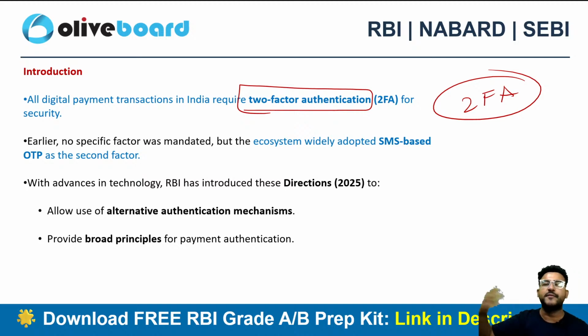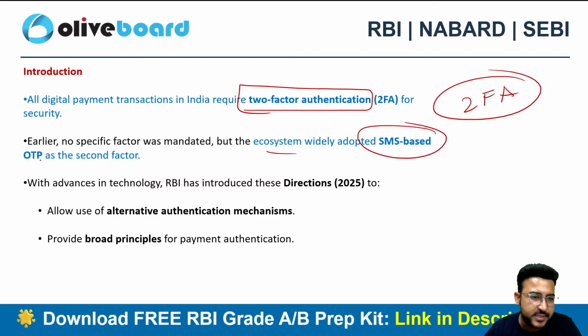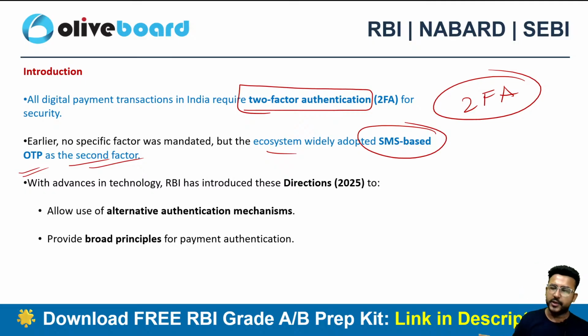Another factor will be maybe an OTP. So the ecosystem has widely adopted SMS-based OTP as the second factor. Let's suppose if I want to log into my Gmail account, I'll type my email ID and my password. That will be the first authentication. For the second authentication, an SMS will come on the registered mobile number and I need to type that particular OTP, one time password, as well.